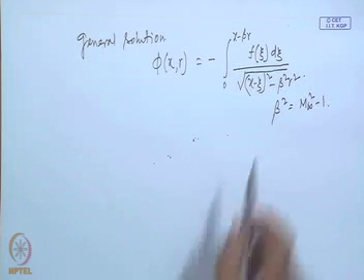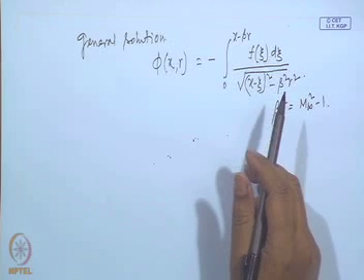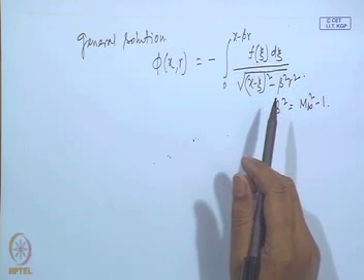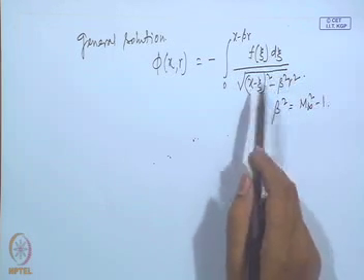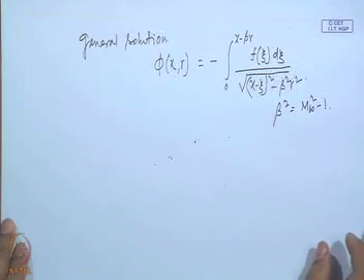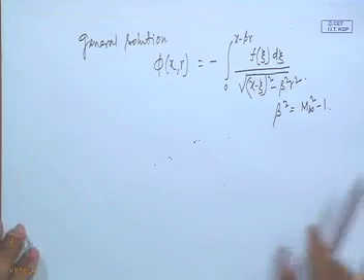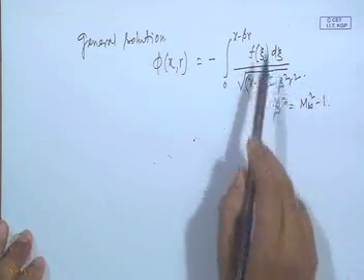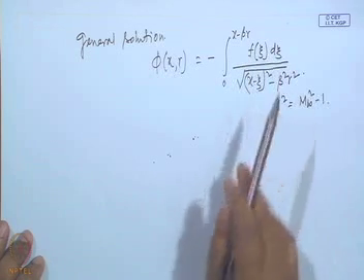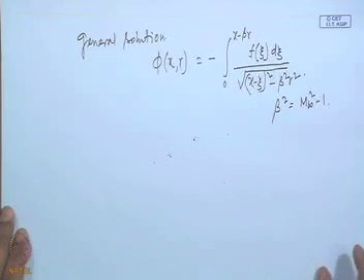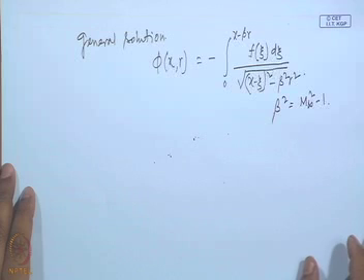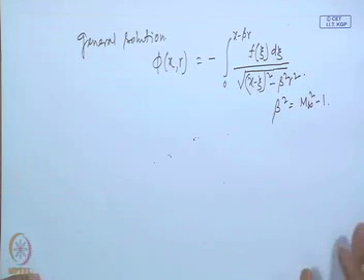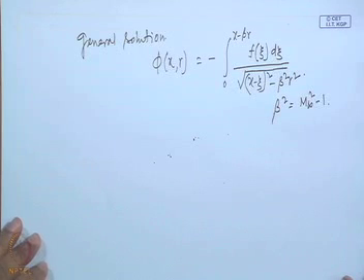Now, it may be recalled that we introduced a substitution and simplified this integration earlier, because this integration has a singularity at the upper limit. It is an improper integral, and use of that substitution made it possible to evaluate this integration.